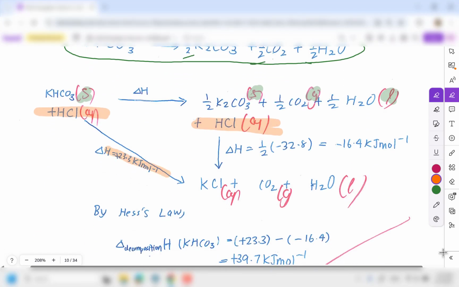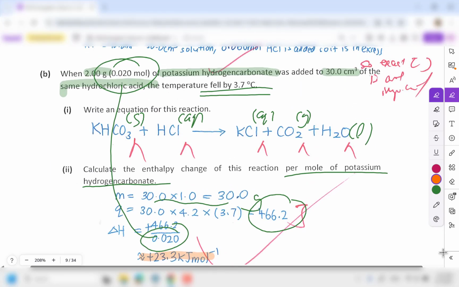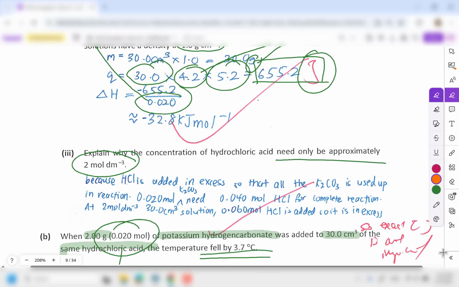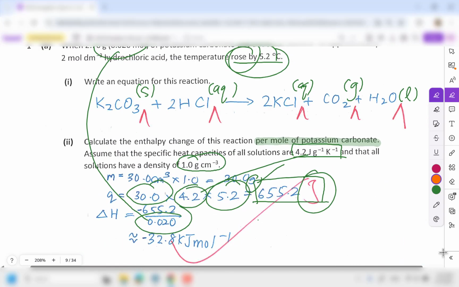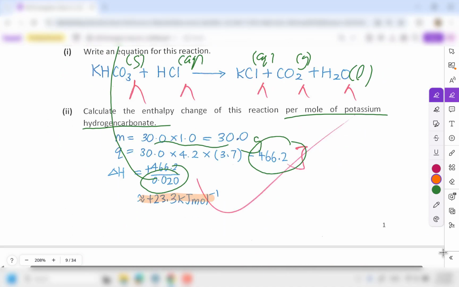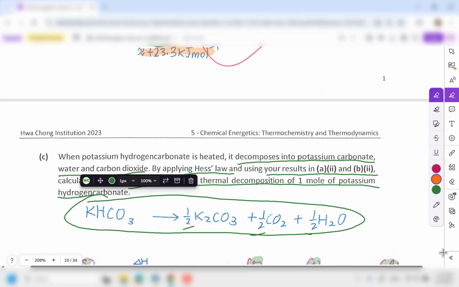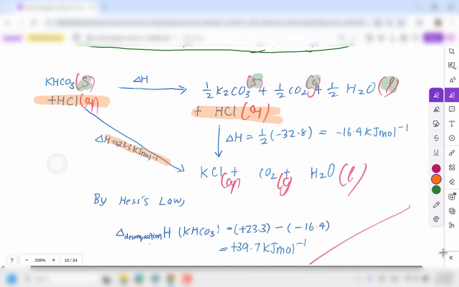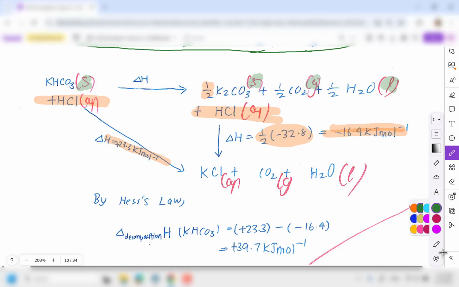And then for potassium carbonate, 1 mole of potassium carbonate, you release 32.8 kilojoules of energy. So if I have half of it, then I need to multiply this by half. This probably is a common mistake that a lot of students may have forgotten to do. So after you calculate it, you should get negative 16.4 kilojoules per mole.